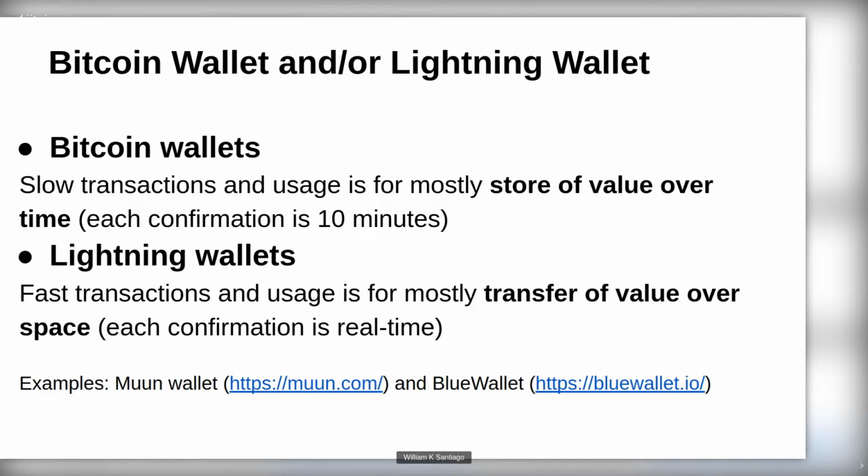Two examples of these types of wallets are the Moon wallet. Very easy, user friendly. It has this idea of 12, well, they call them eight different codes that you have to write down or keep track of, which encrypt that private key.